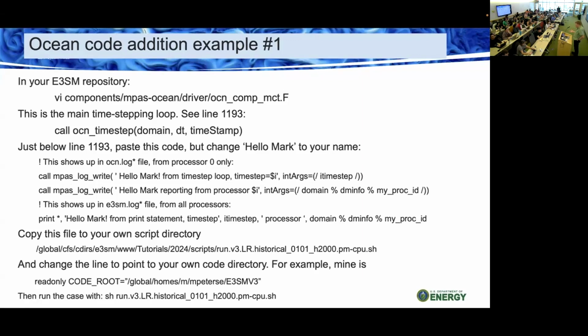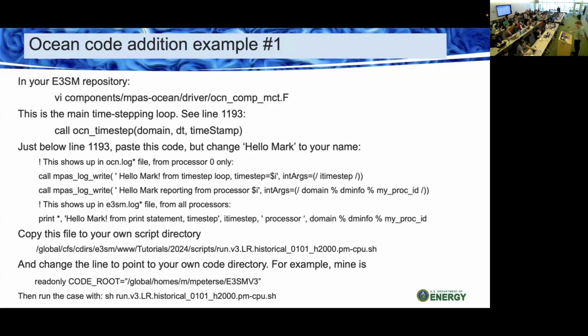But if you're debugging and you want to know what different processes are doing, if you write it the second way with a print statement, it will actually write a message from every single processor. I have both of those examples, and you can just copy and paste those in. You can do this in the code repository that you just changed, by the way. Then it'll just have multiple print statements.